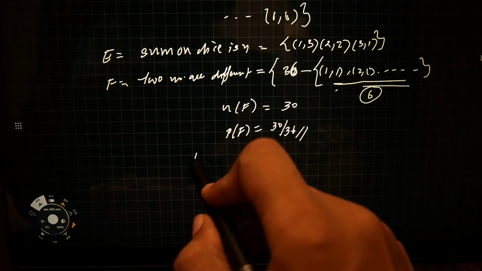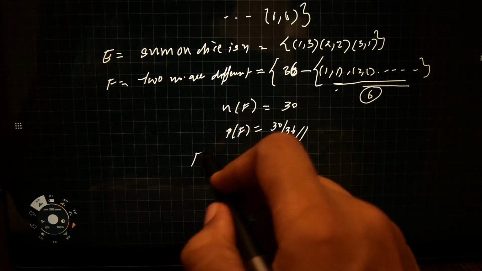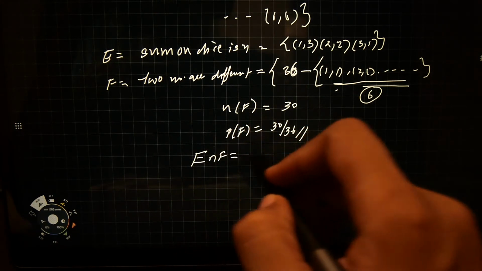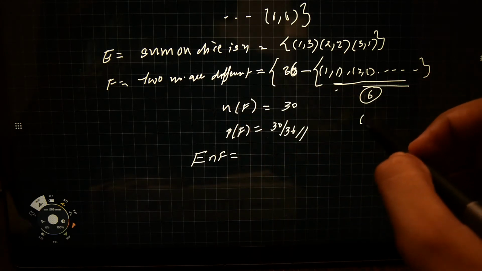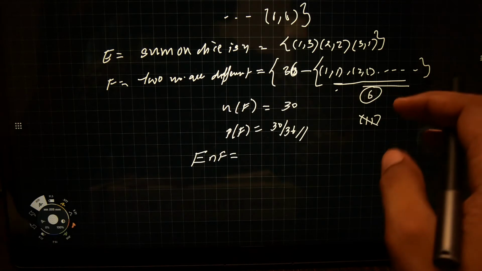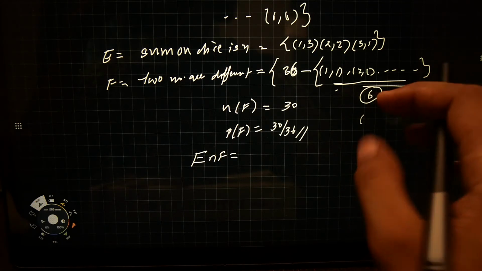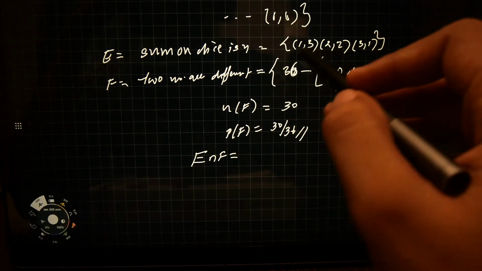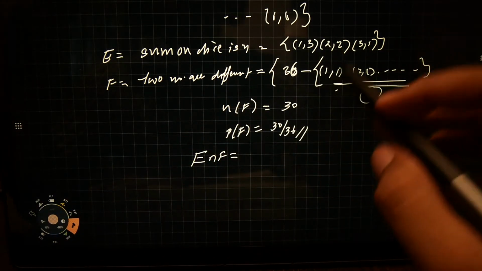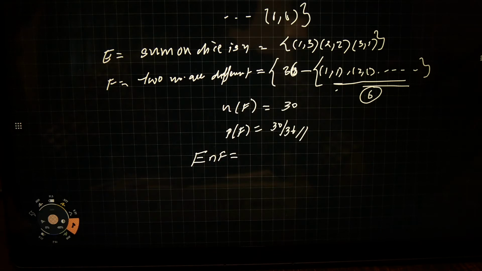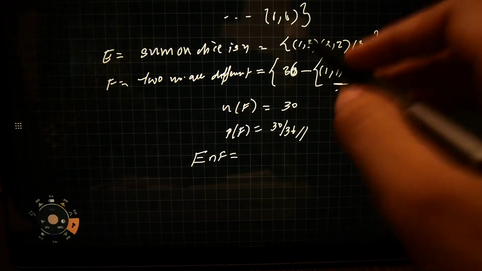So what is P of E intersection F? What is common in both E and F? F is all numbers where no numbers repeat, so every number is different. E intersection F means it should be there in both E as well as F. F does not have any element that repeats itself, but it has all other elements.